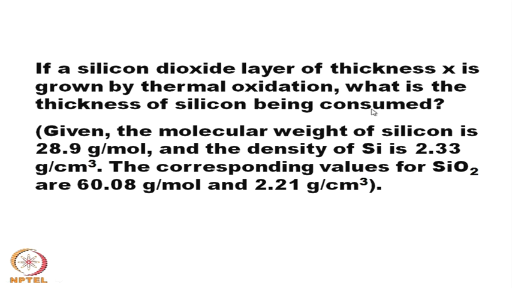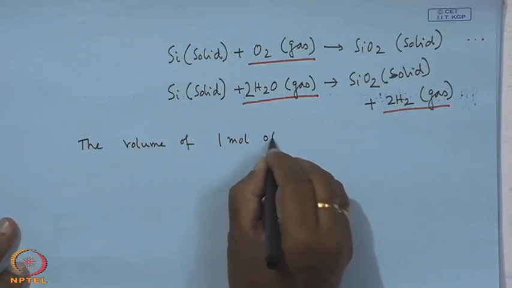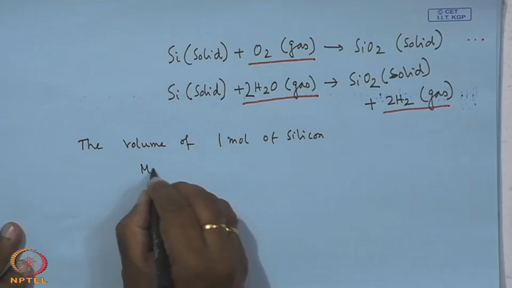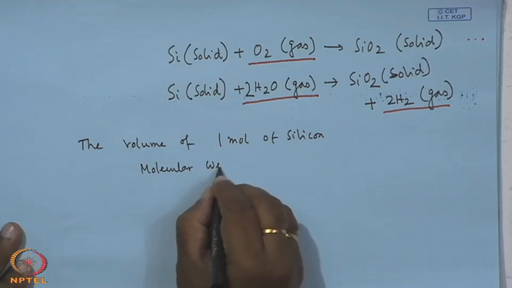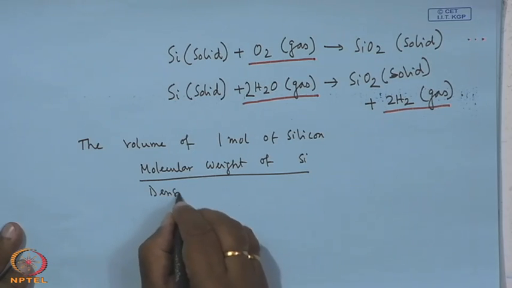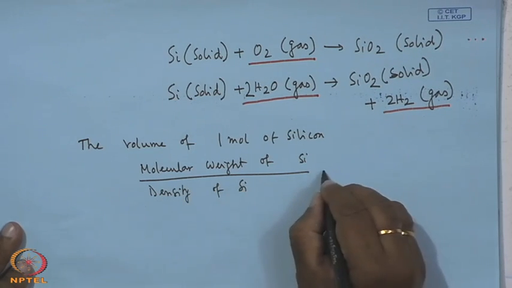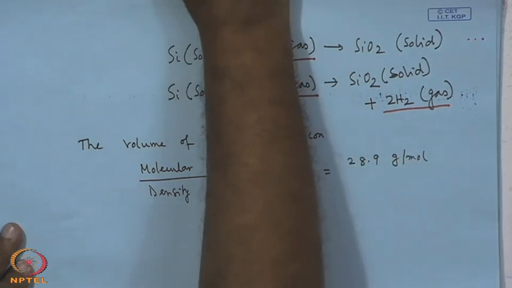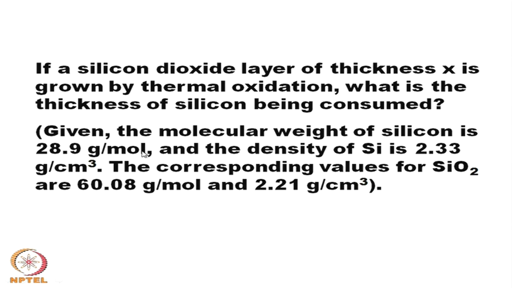Let us calculate the volume of 1 mole of silicon, which is the molecular weight of silicon divided by the density of silicon. The molecular weight of silicon is given as 28.9 gram per mole, and the density of silicon is also given as 2.33 gram per centimeter cube.